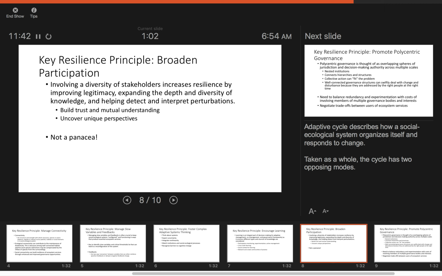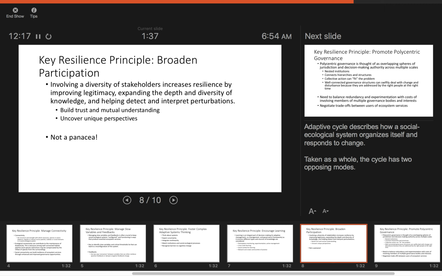But through the process of participation, really important concepts of building trust, building mutual understanding of situations, and then offering unique knowledge bases or unique perspectives of A, what the problem is, and B, what potential solutions might be. Just really important to note that participation is not a panacea, meaning more participation is not always better, that there is a really important quality dimension to participation.